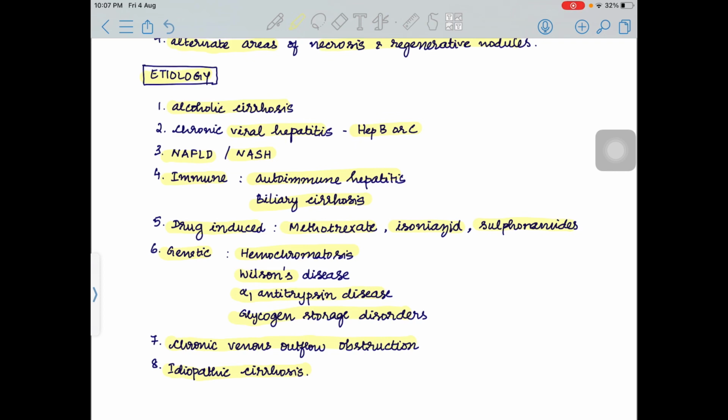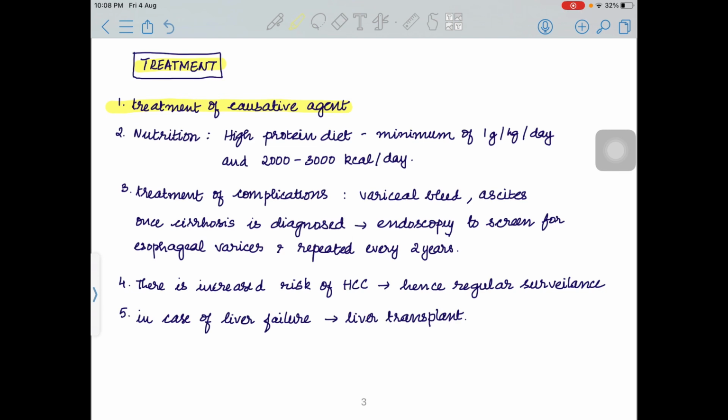Viral hepatitis, then we have to give adequate and proper antiviral agents. In immune mediated disorder, we have to give immunosuppressive drugs. If any drug is causing cirrhosis, definitely we have to stop the drug. The first treatment is the causative agent has to be removed.